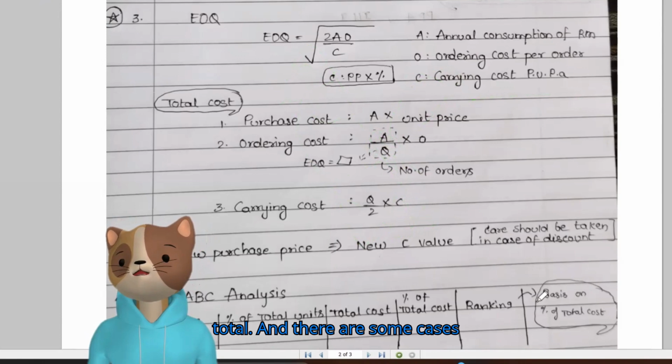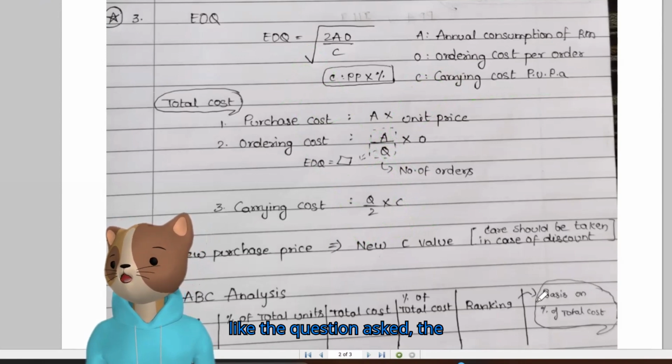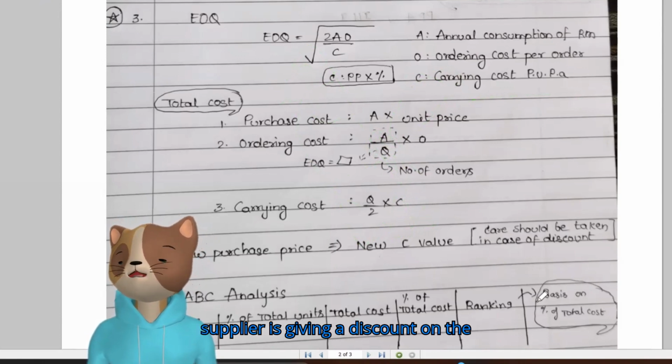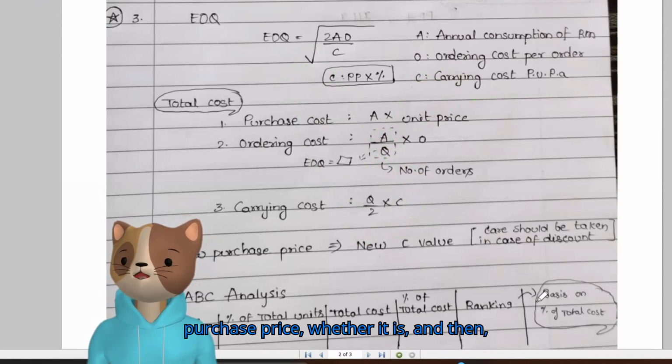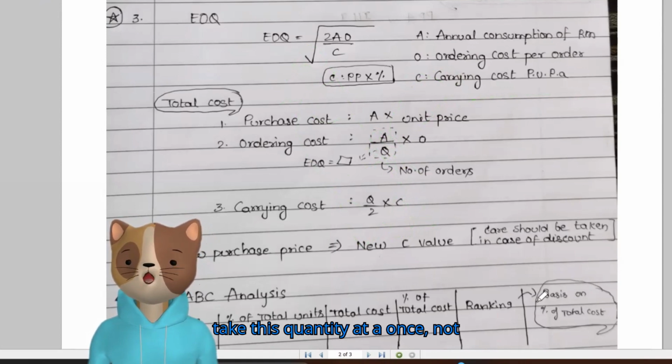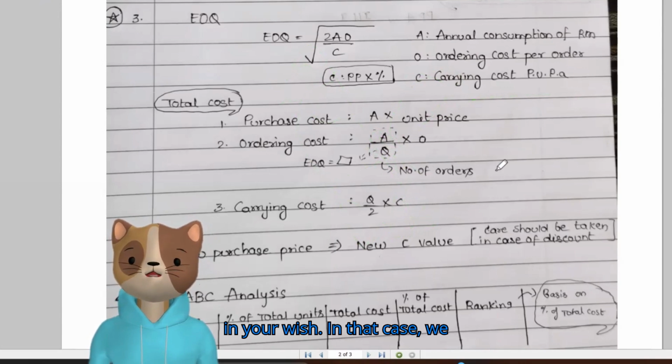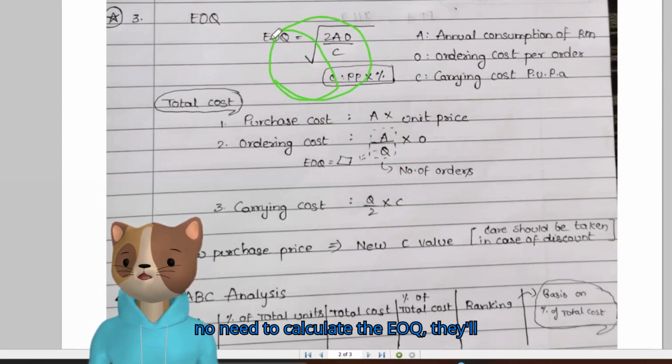And there are some cases where the question says the supplier is giving a discount on the purchase price, but he demands a quantity. You need to take this quantity at once, not as per your wish. In that case, we need not calculate the EOQ. They will give the quantity level.